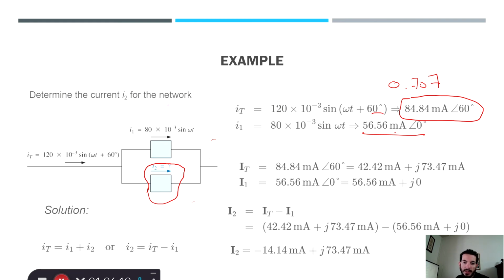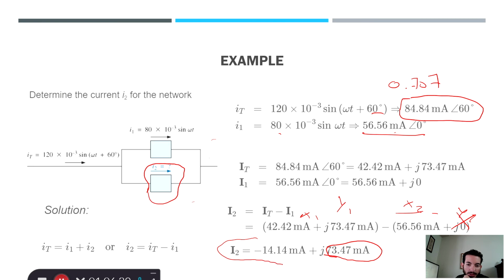In fact, once we have both real and imaginary quantities, we just do I2 is I total minus I1, and we do real part minus real part, and imaginary part minus imaginary part, which in this case is 0, so it's simply going to be the imaginary part of the first number.